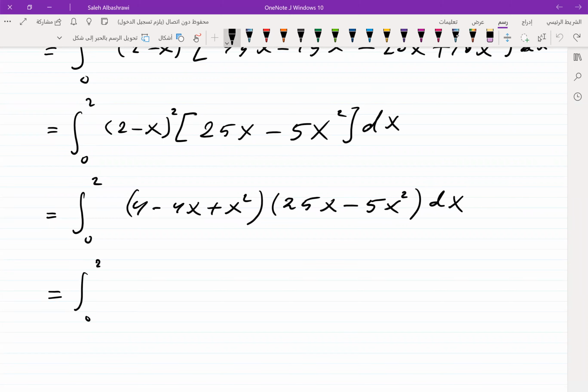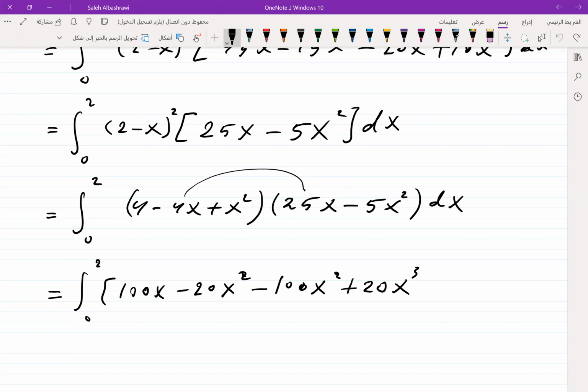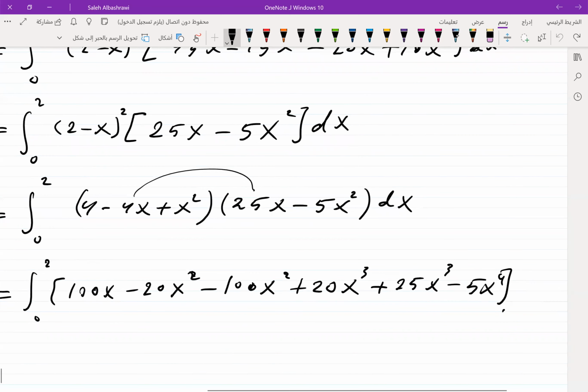So give me 0 to 2 of 4 times 25, which is 100x, minus 20x squared, minus 100x squared, plus 20x cubed, plus 25x cubed minus 5x to the power 4, dx.